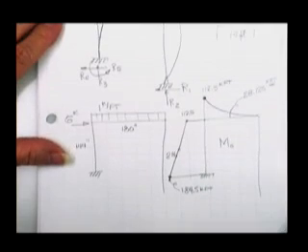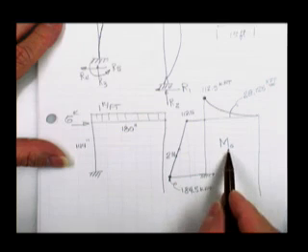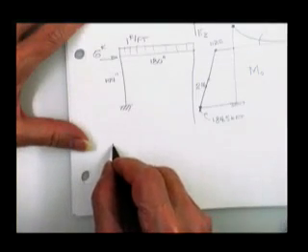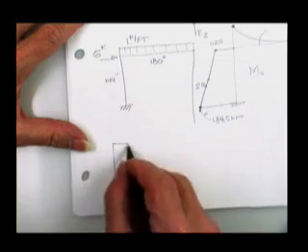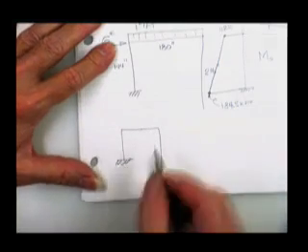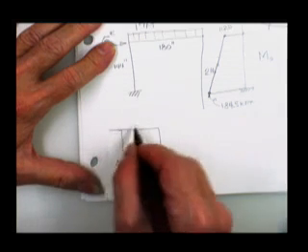The next thing you would do is ask yourself, who do I need to combine M0 with in order to find these reactions? I'd show you a deflected shape of the structure under the action of the loads.